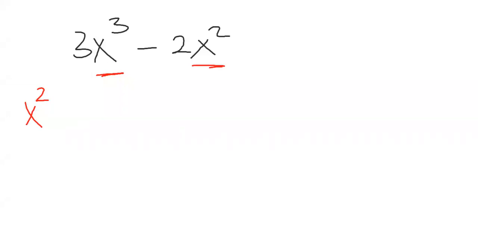The lowest power that we have there is power 2. And then we also have power 3. But what goes outside the bracket should be the lowest power. So you can't write x alone because we don't have just an x there. If you write x, x has the power of 1.